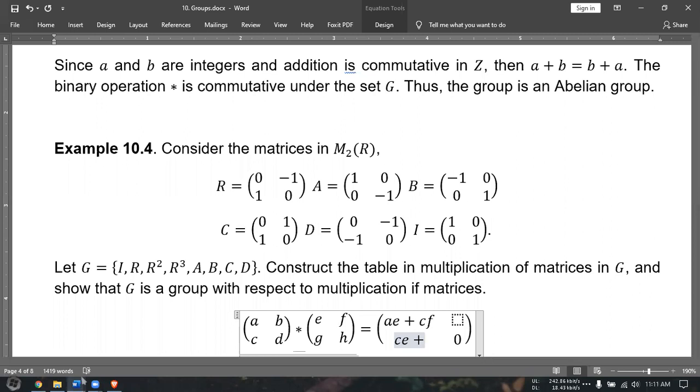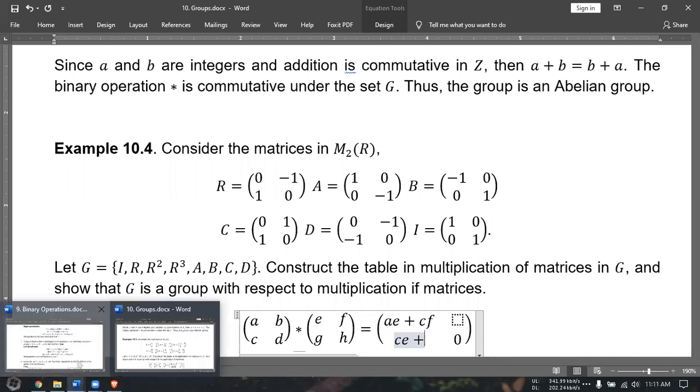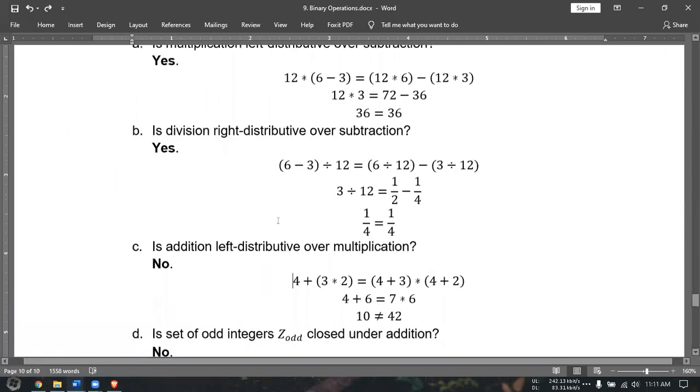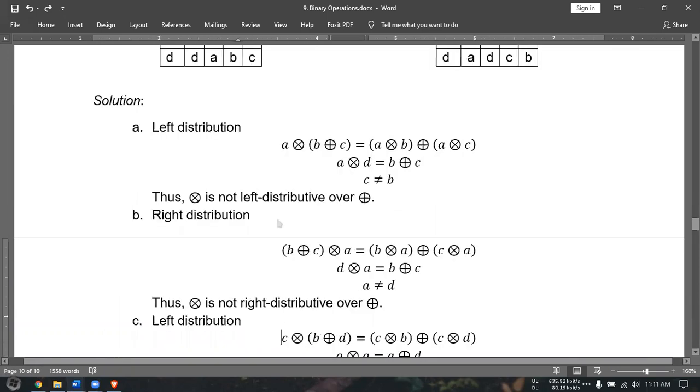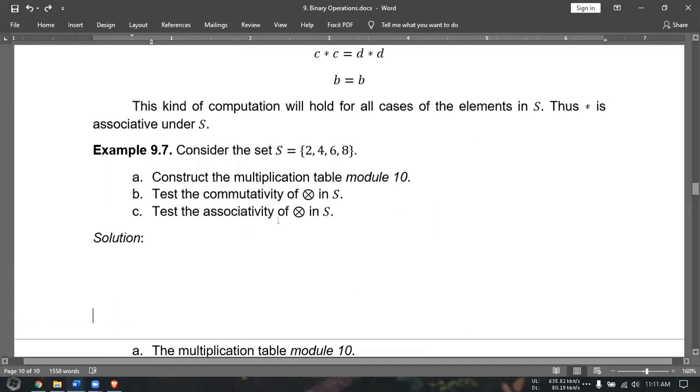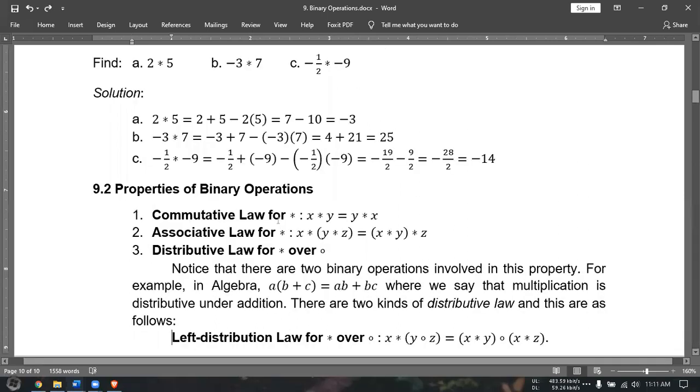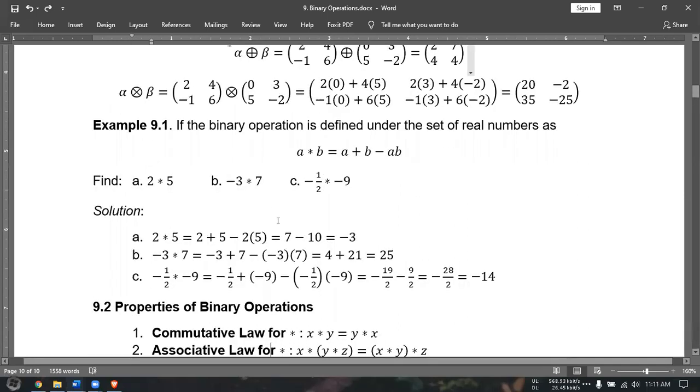Naka-open ko ba yung binary? A times F. A times G. Sir, hindi po C plus E yan, sir. Wait lang. Ayun. Ito ata. Ayan, here.